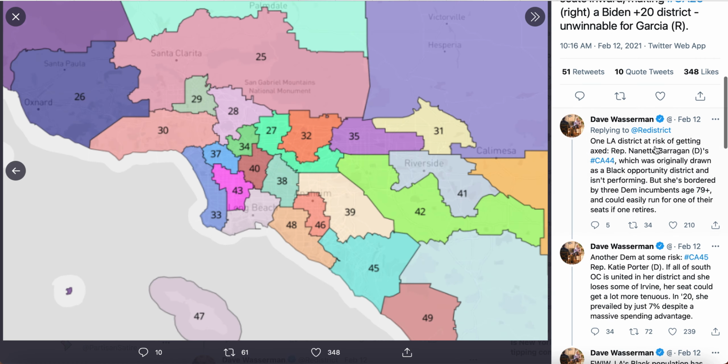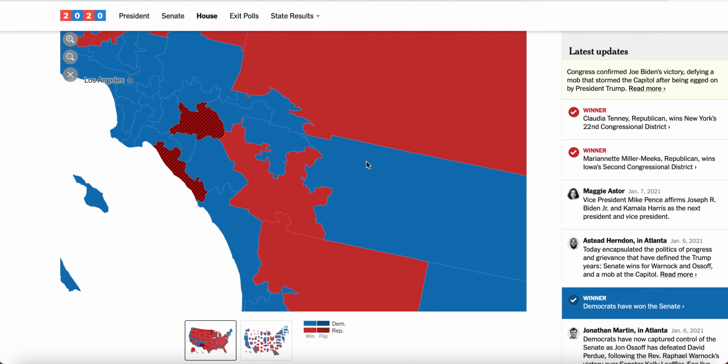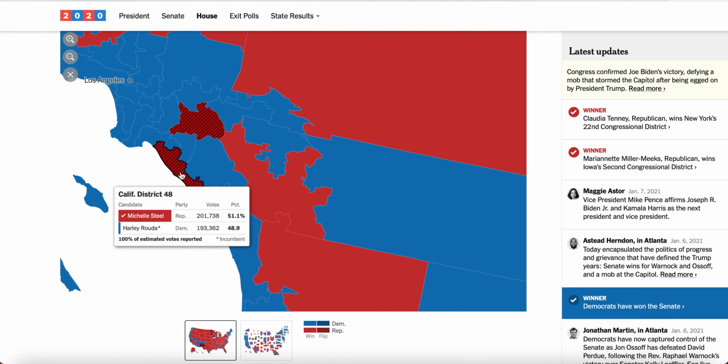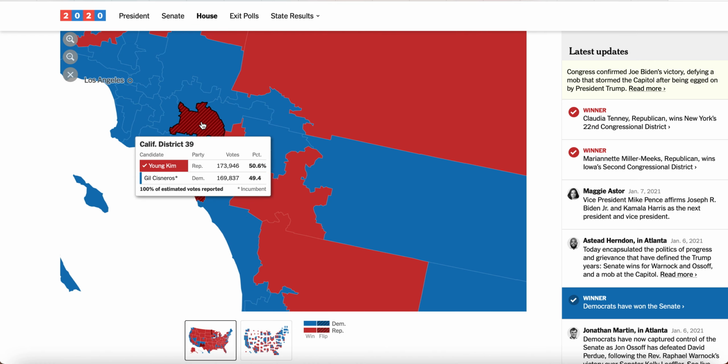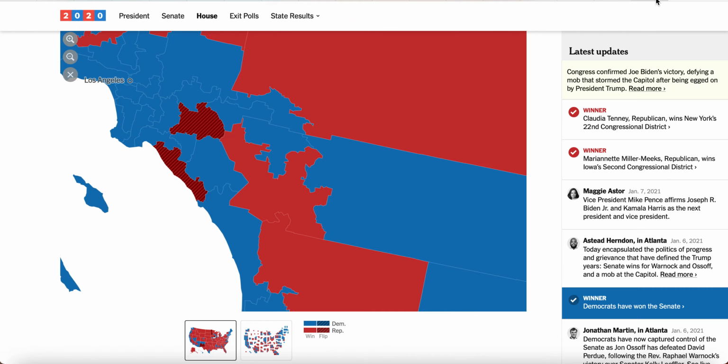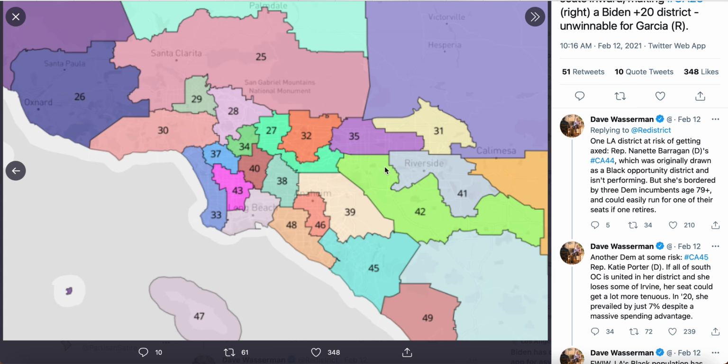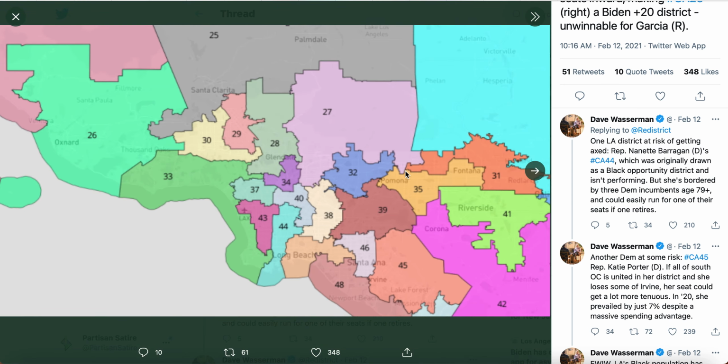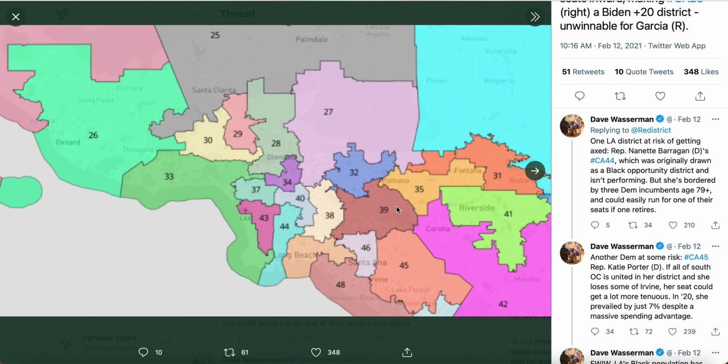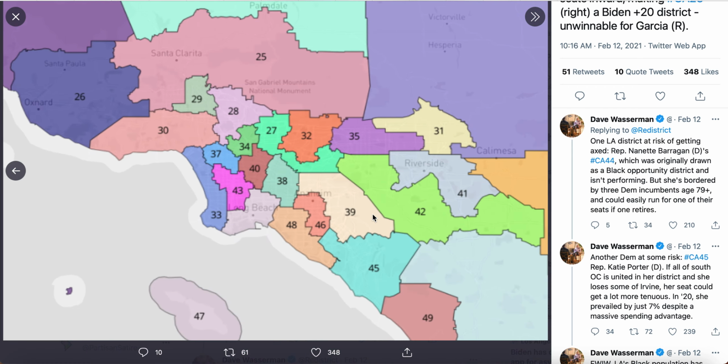Meanwhile, for the two Republicans that hold the Orange County seats, Young Kim and Michelle Steele, they're from the 48th District and 39th District. Both of them just managed to win in the last election. Compared to here, this is for Young Kim for the 39th district.